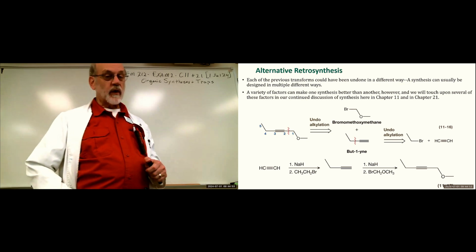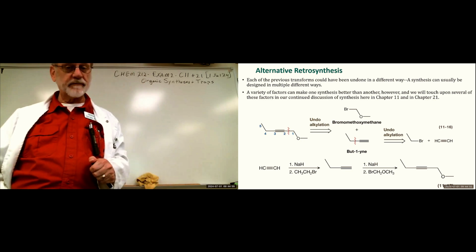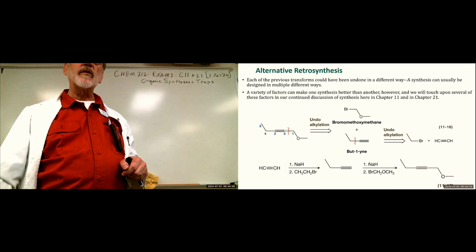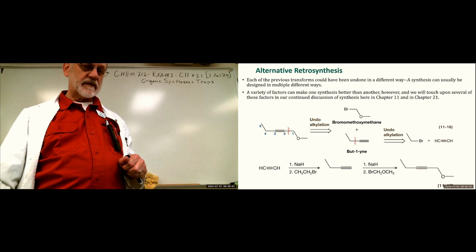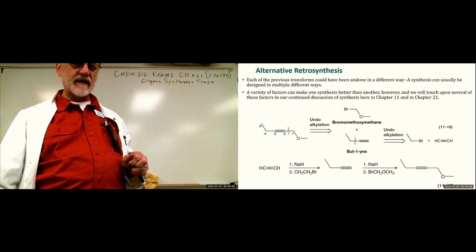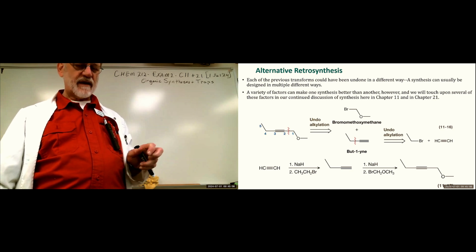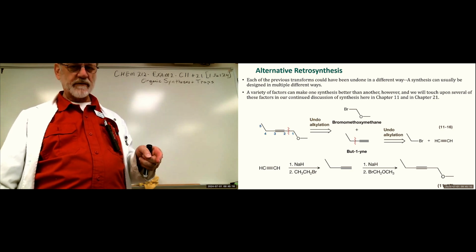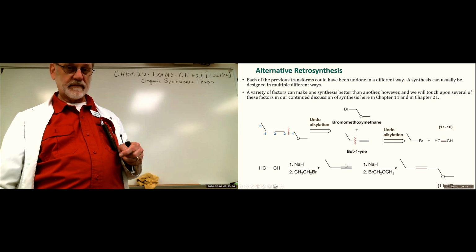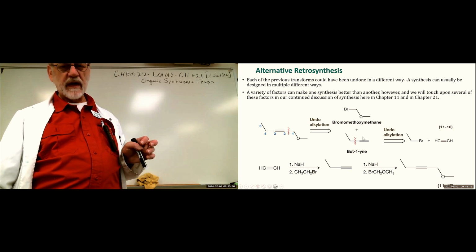There are alternative ways. Here's one. Let's see, will this work though? Instead, we're going to break that bond, and that gives us bromomethoxy methane as one of the precursors. And then if we have these 2 compounds come together, how do we get this?